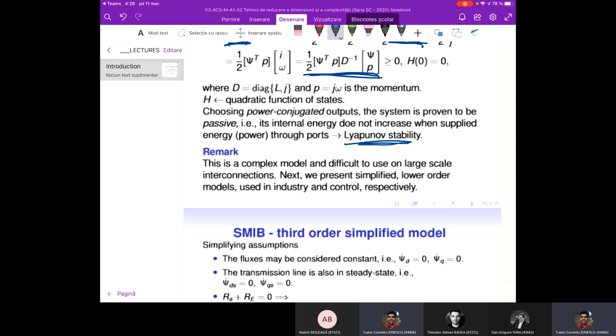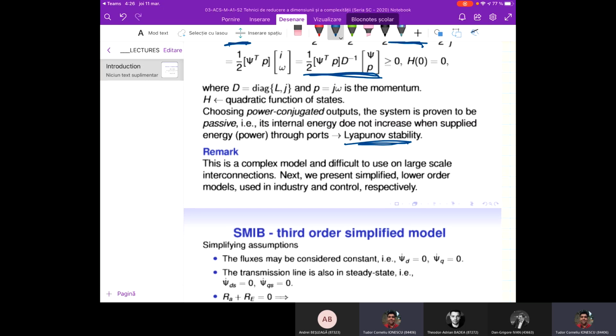Its internal energy is dissipating. Even if you supply energy to it, the internal energy is decreasing, because of the dissipation. This property is very important. Usually, dissipation leads to the idea of stability or asymptotic stability.